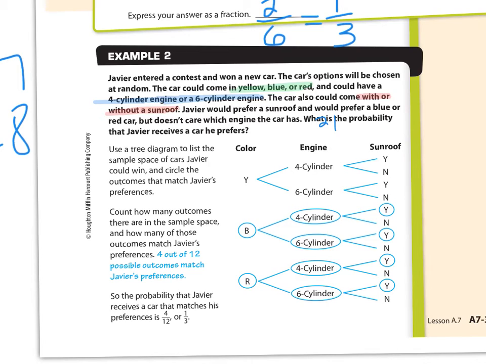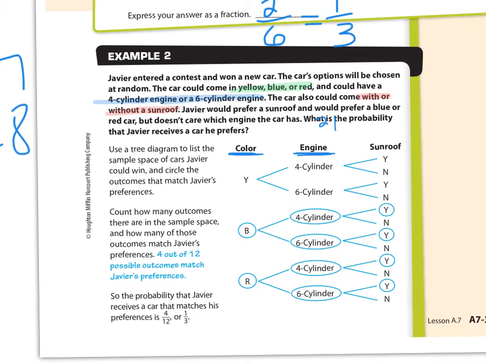So the first thing we have to do is figure out all of the possible outcomes. And to do this, they took the first option and put it right here to list them out. So that was color. And we can see that there were 3 colors. There was yellow, so Y, blue for blue, R for red. Then the second option was an engine.